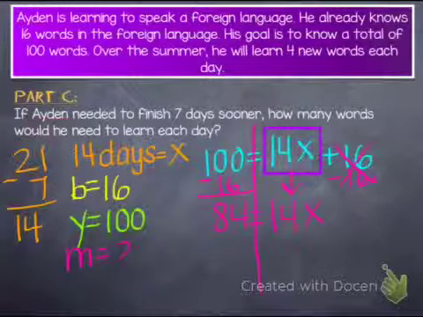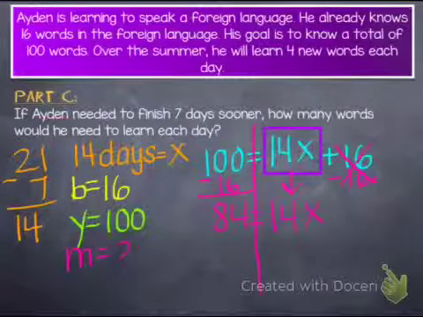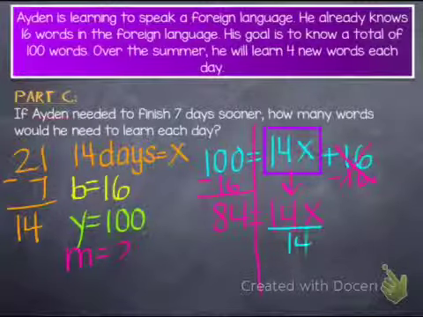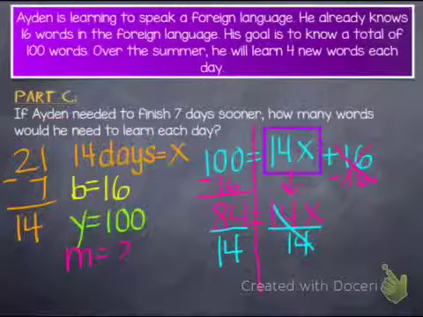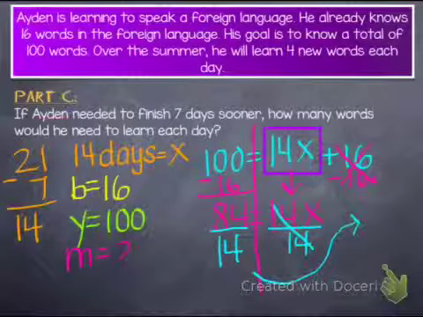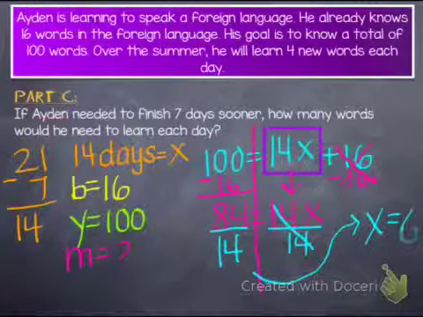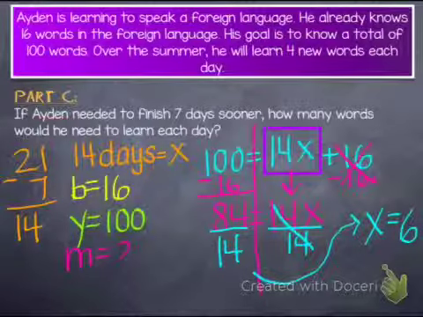So this time I need to take my x, which is being multiplied by 14, and I need to divide both sides by 14. So this means that x is going to be equal to 6. So let's think about what that means.